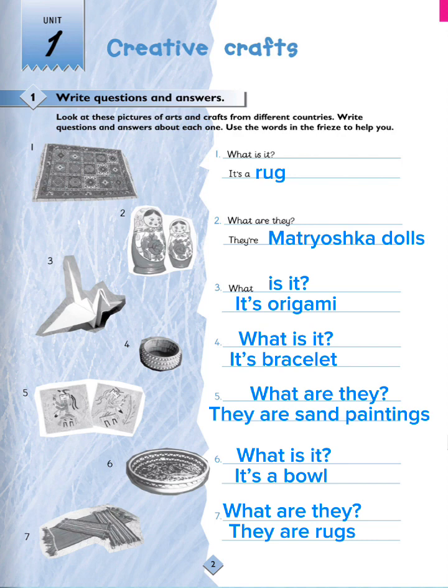It's a bracelet. Number 5. What are they? They are sand paintings. Number 6. What is it? It's a ball. Number 7. What are they? They are rugs.